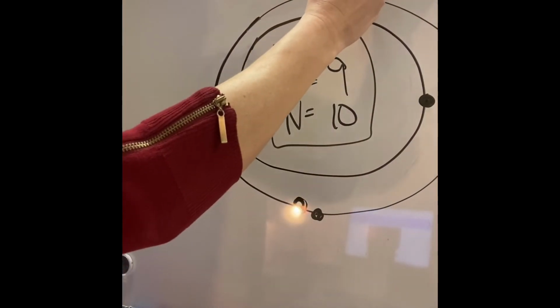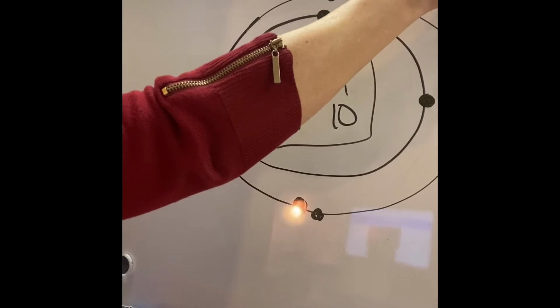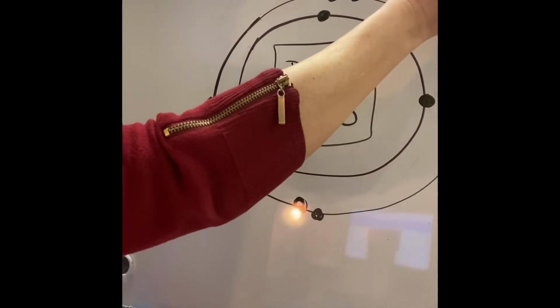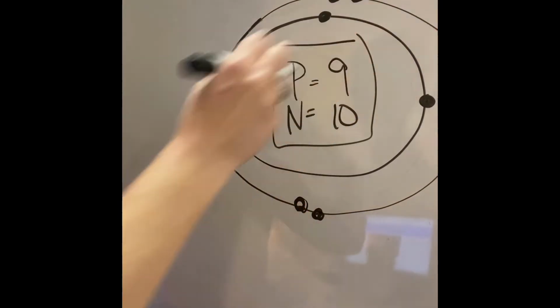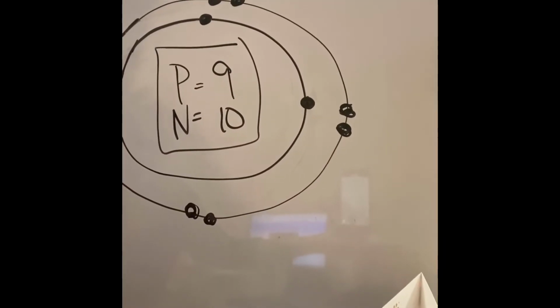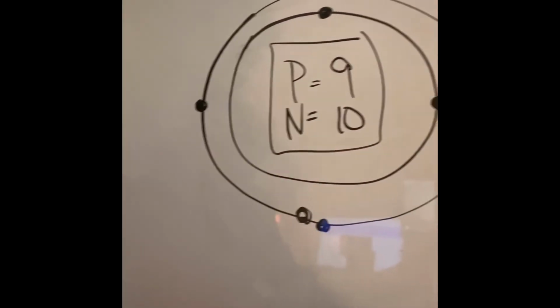These guys on the outside are called valence electrons. Just means they're on the outside. And while that just seems kind of weird to even know, we're going to talk more about that later. All right, so what we're going to do next is draw the Lewis dot diagram here of fluorine.